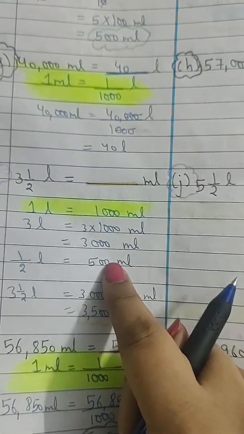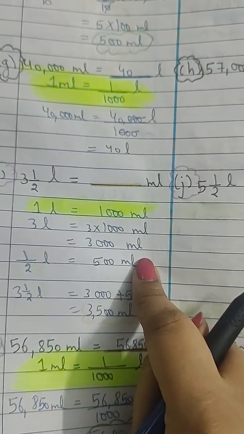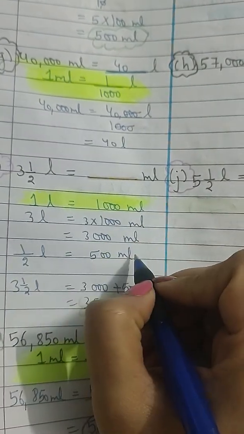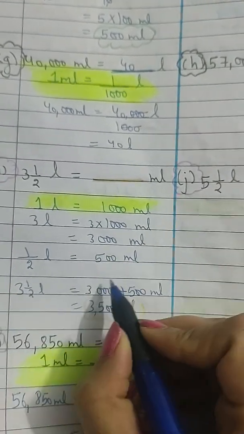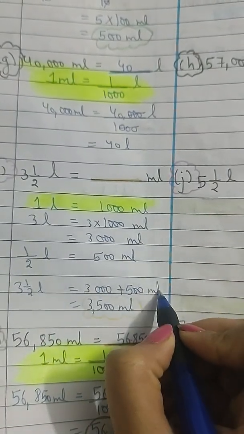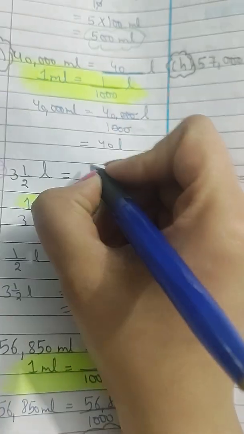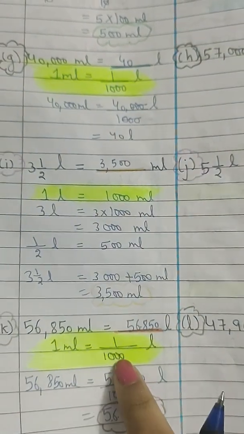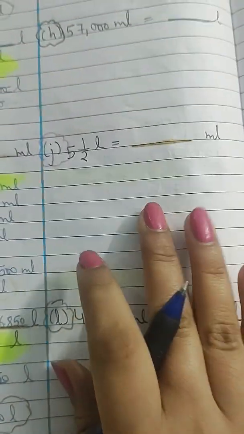Half liter is equal to 500 ml. Whenever you are taking the half of anything, from liter to milliliter, it will be 500. Then 3.5 liter will be 3000 plus 500 milliliters. It will be 3500. So we write 3500 milliliters. This type of question I have given you as homework to practice.